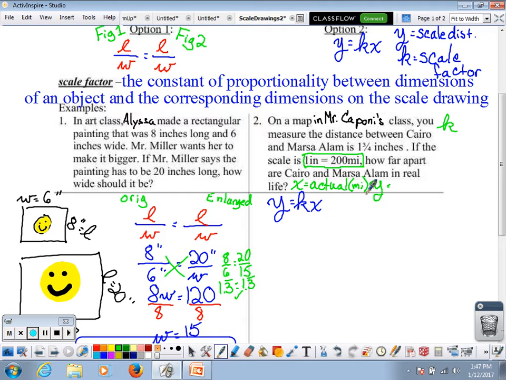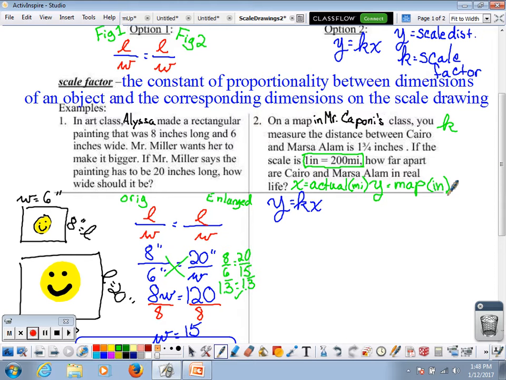It's the actual distance in real Egypt. Y is going to be on the map, which is in inches. Then I need to find k.